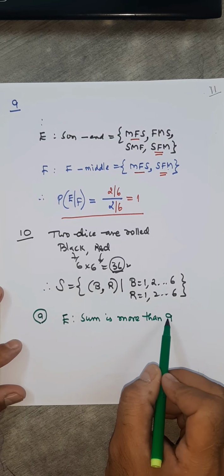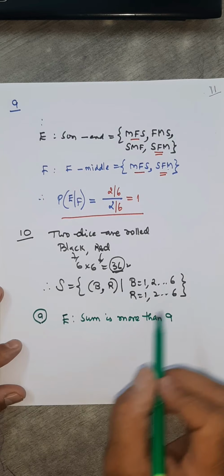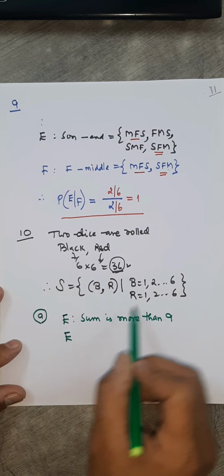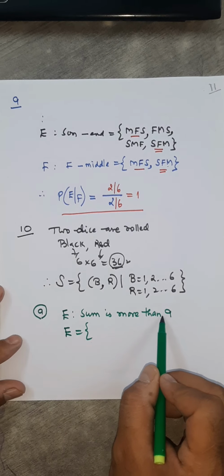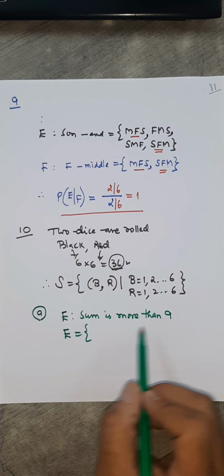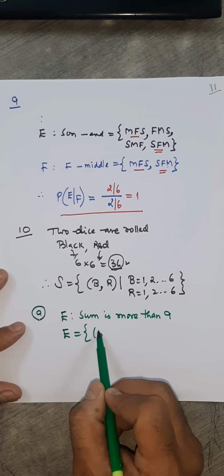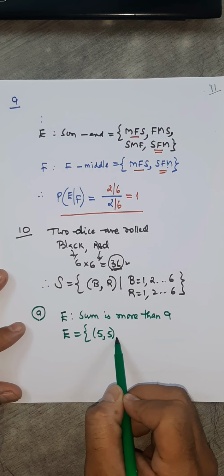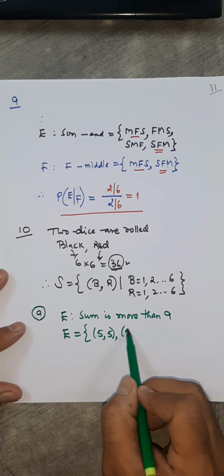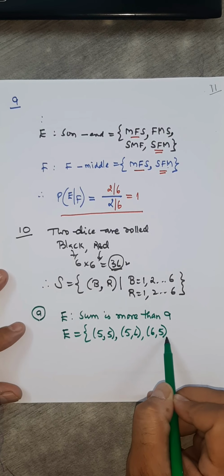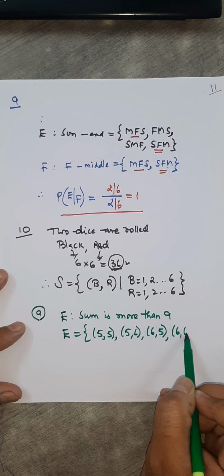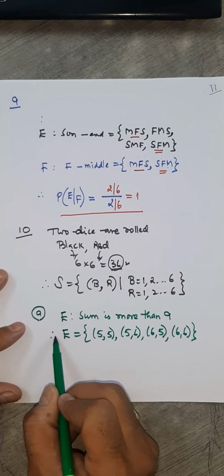So the summation should be 10, 11, or maximum 12, 6 plus 6. So what are the outcomes? Summation should be 10, so it starts with 5, 5. Then you can have 5, 6. Then you have 6, 5, 11. And finally you have 6, 6, which is 12. These are the outcomes of the event E.